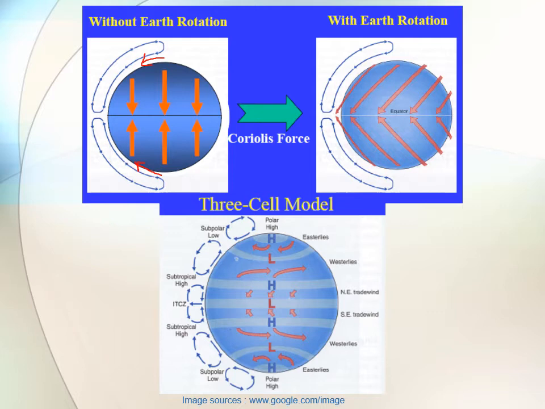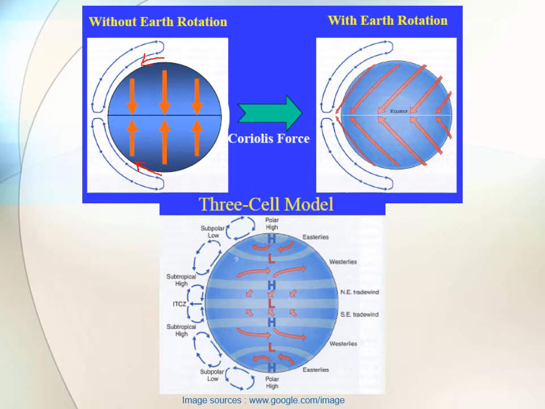So if earth is non-rotating and homogeneous, then we may find this kind of circulation of wind. So we find a broad convection cell in both hemispheres. So basically it's one cell for both hemispheres.